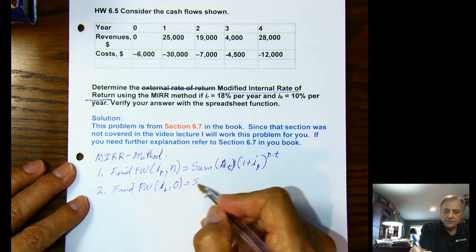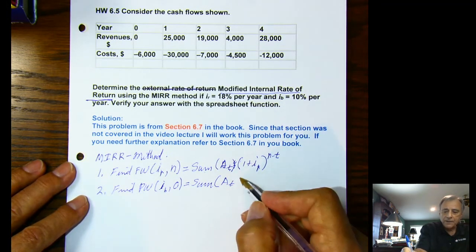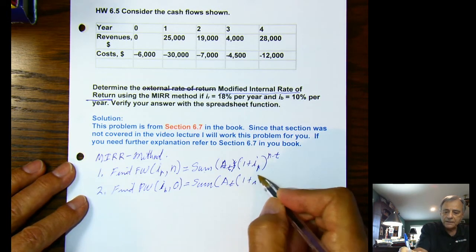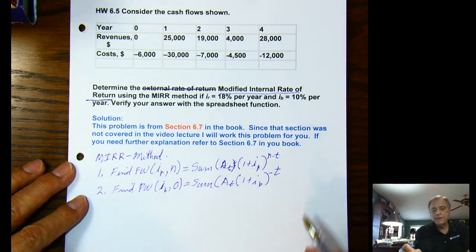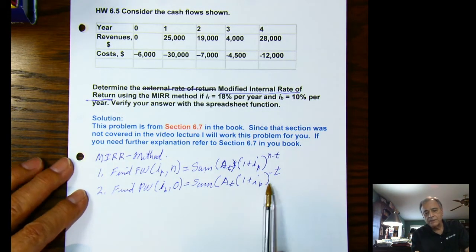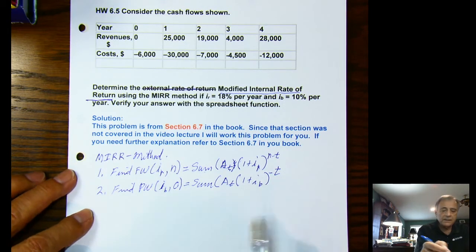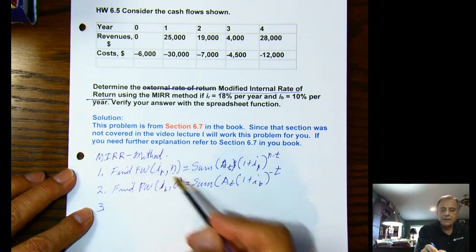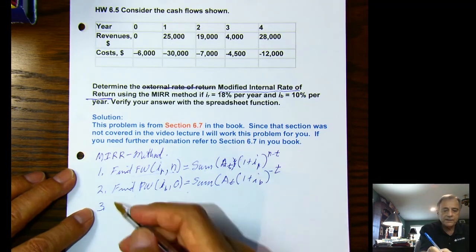It will be the sum of the negative cash flows, the A sub t's, brought back to the present time, which would be 1 plus I sub B to the minus t. How many years do we have to bring something at time t back to the present? That many years.